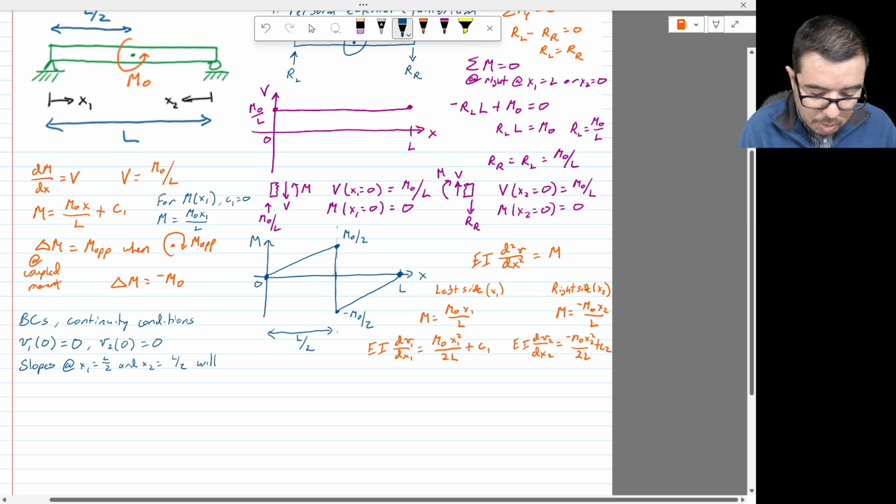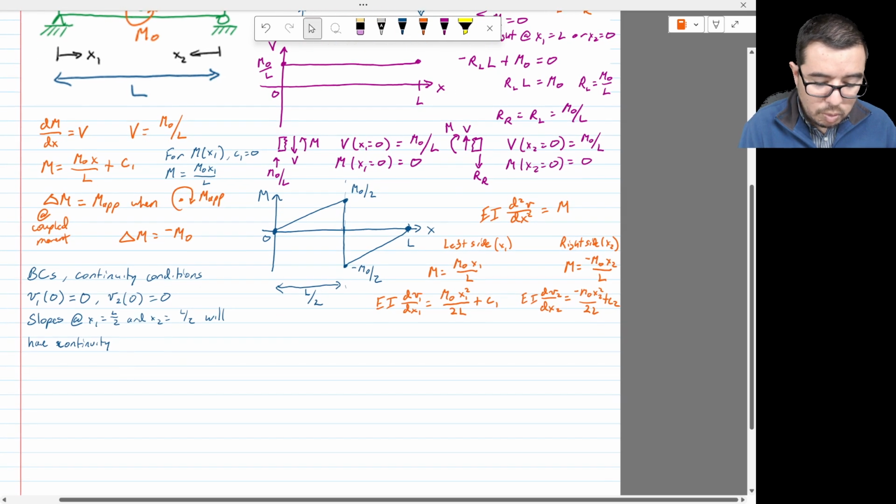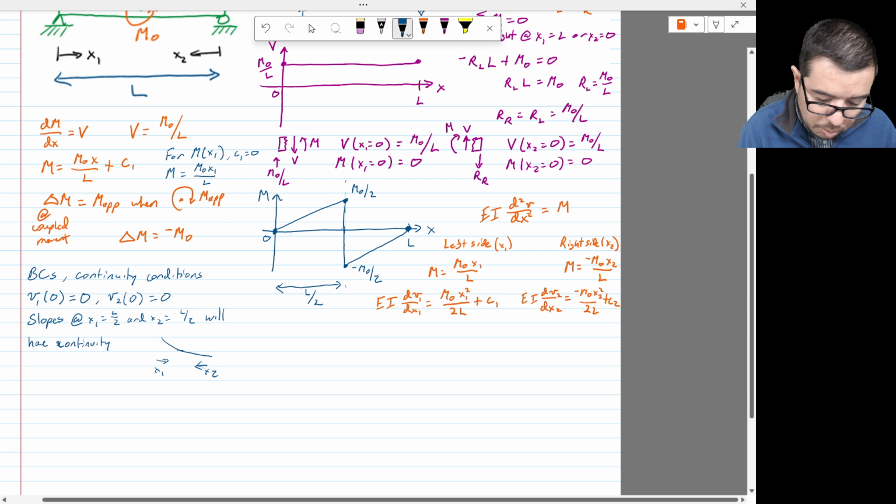And if you remember from class, it's an interesting relationship. Remember we talked about how if you had something sloping like this, and this is x1, and then this is x2 coming like this, notice that the slope here, it's going down.